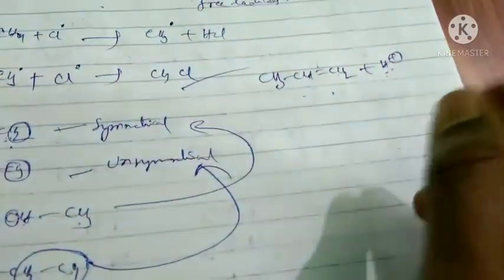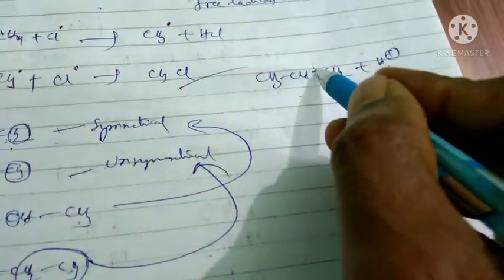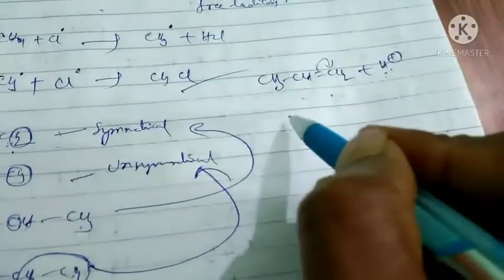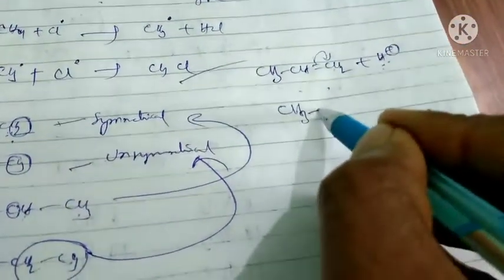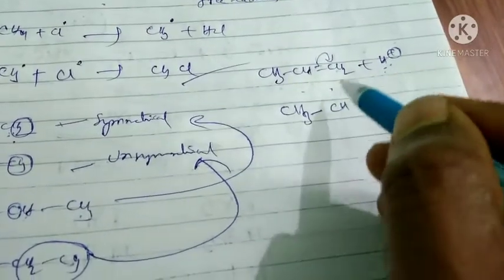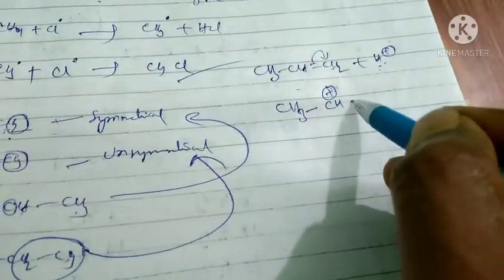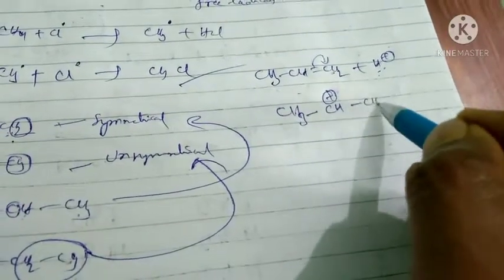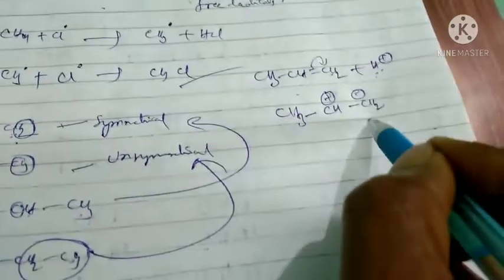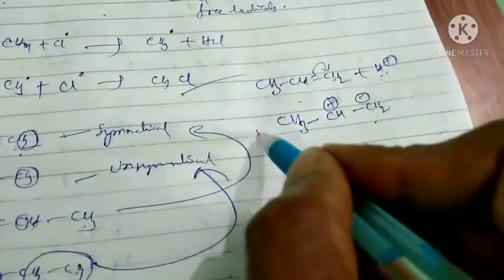That is called the electromeric effect. Suppose the pi bond completely transfers towards this carbon atom, then we get CH3, CH. This becomes positive and this becomes negative. This is one possibility.